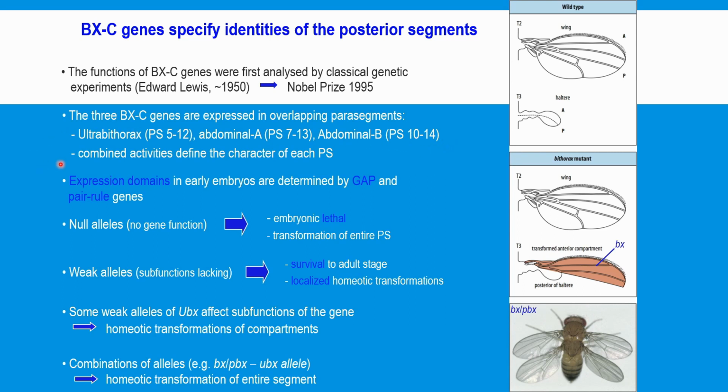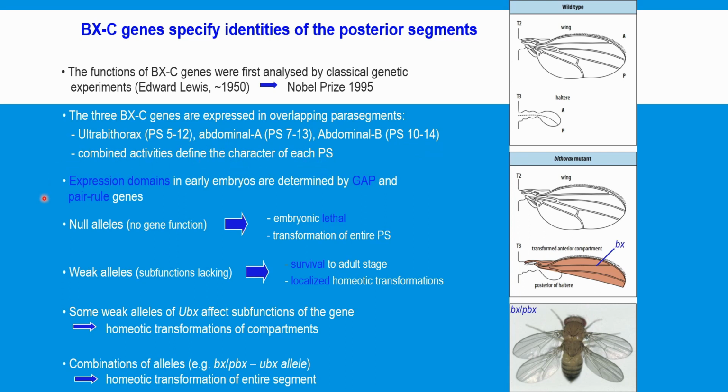And it was their combined activities that defined the character of each parasegment. So it wasn't one gene per parasegment, rather the combination of expression of these that defines the character of each parasegment.